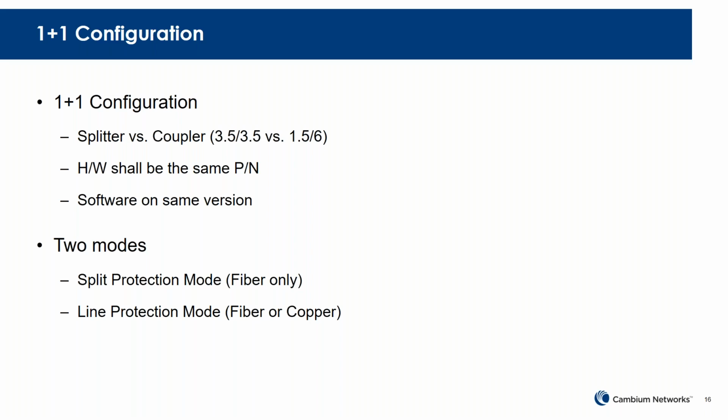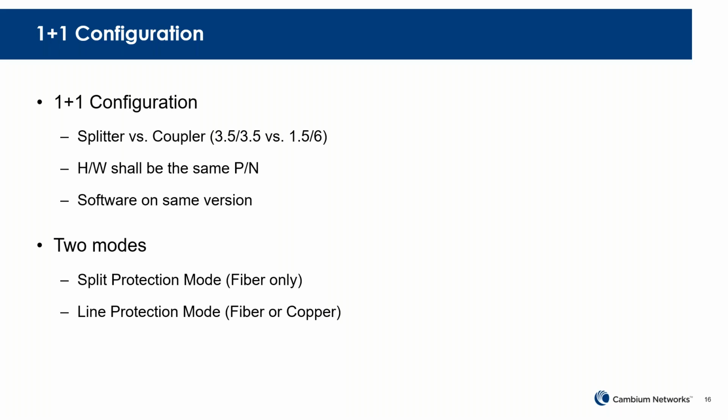Okay. And when you do 1+1, the hardware should have the same part number. For example, if you're setting up an A20S 1+1 hot standby, you need to use the same part number.